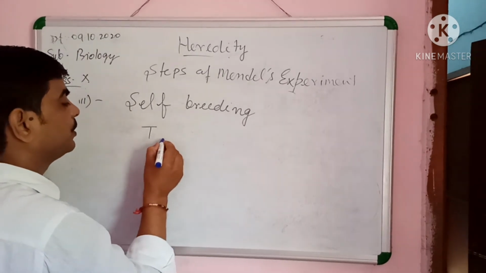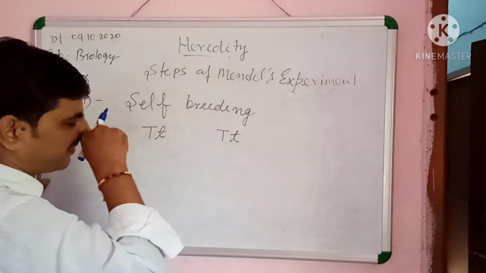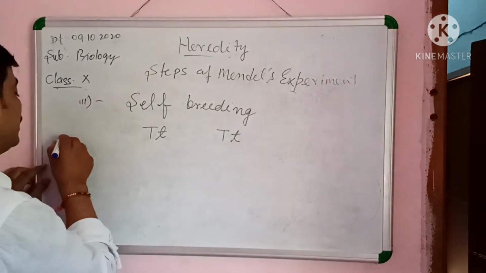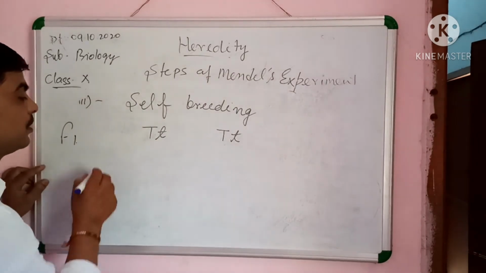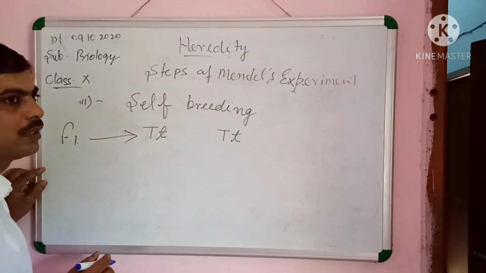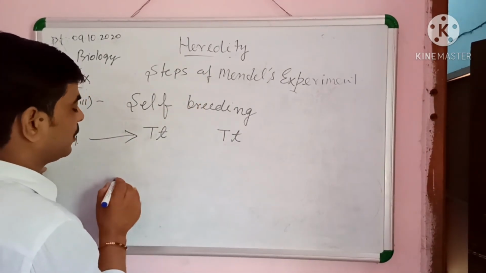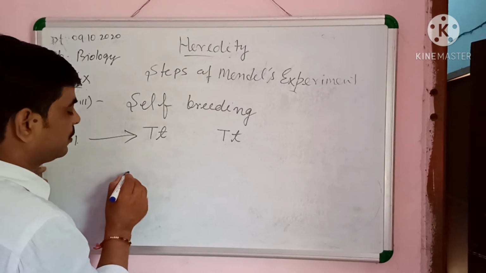Means we just produce the Tt type in F1 generation. This is the product of the F1 generation. They are allowed to self-breed between them. So then what will the result be?